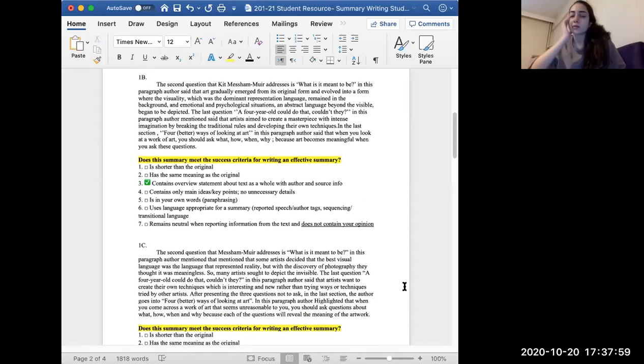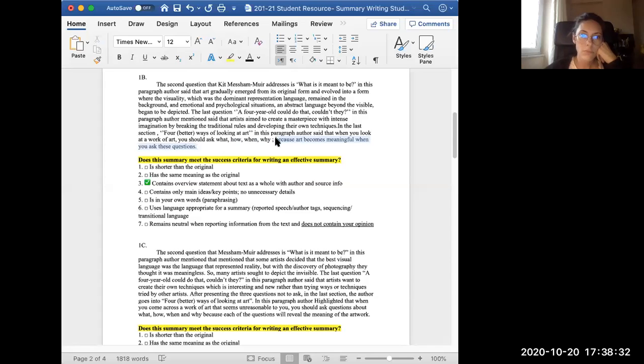I like the reported speech ones, like from author. Except, as I said, we don't think 7 is okay with this summary, because it says because art becomes meaningful. I think that sentence is not an objective sentence. Because of that, we say 7 is not okay.